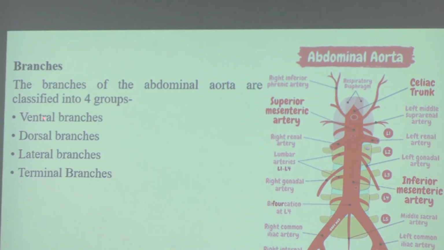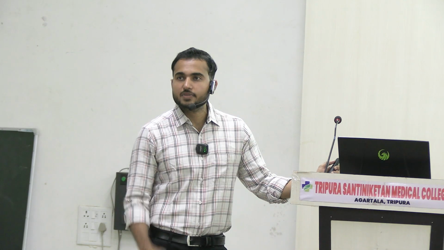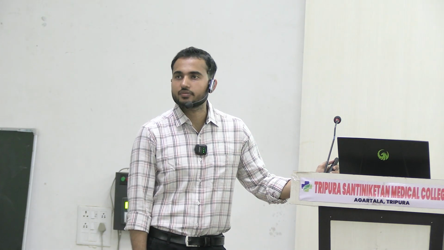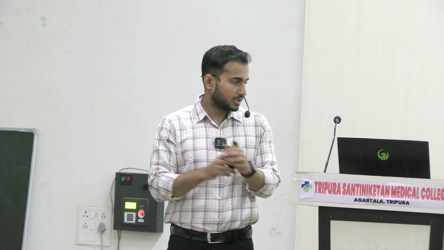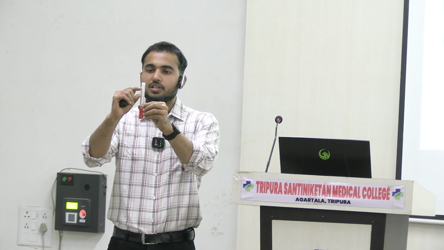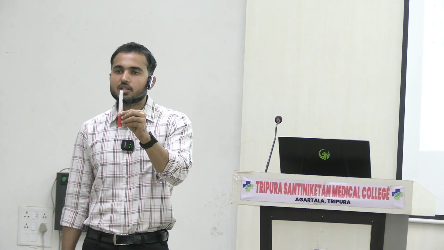So, what are ventral branches? Ventral branches means the branches coming out from the anterior aspect of the abdominal aorta. Suppose this is the abdominal aorta. If the branches are coming like this anteriorly, then these are called ventral branches.